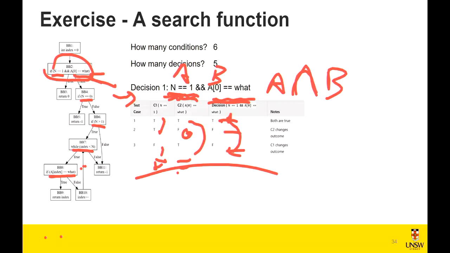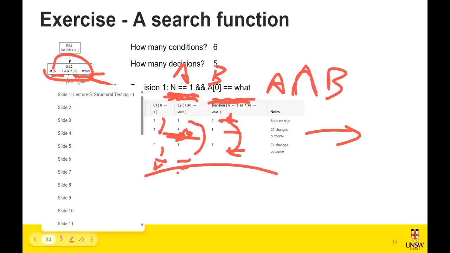And we can also see that each condition is shown to be independently affecting the result of the decision. So this is why this table satisfies MCDC. However, we still have many more decisions in this control flow graph. So we need to go through the decisions one by one, and let's go through the second one.